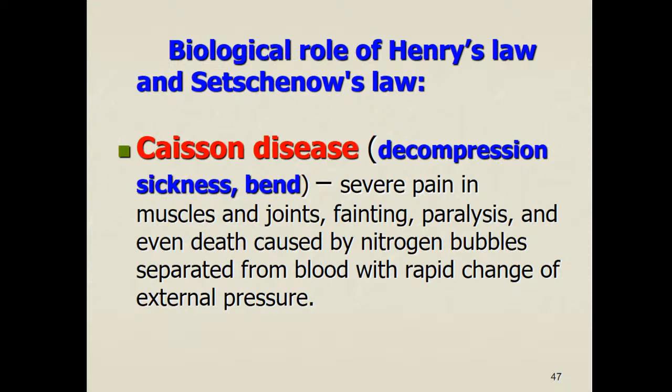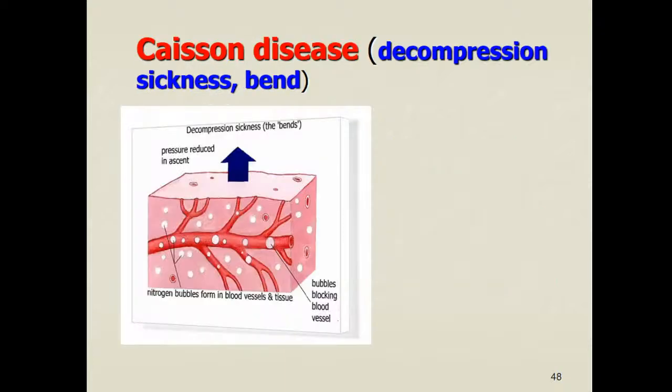It's a sort of pain in muscles and joints, fainting, paralysis, and even death caused by nitrogen bubbles separated from blood with a rapid change of external pressure. So what do we really observe here? When a deep sea diver dives, higher pressure causes higher solubility of nitrogen and oxygen in blood.